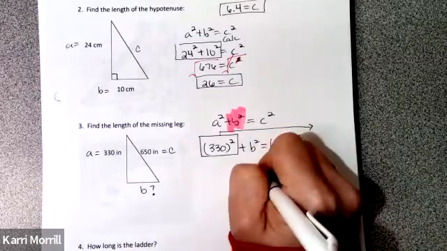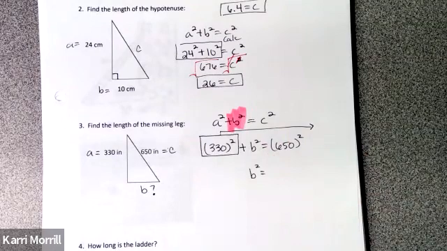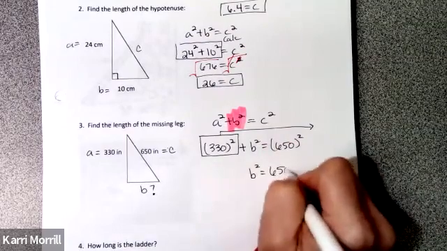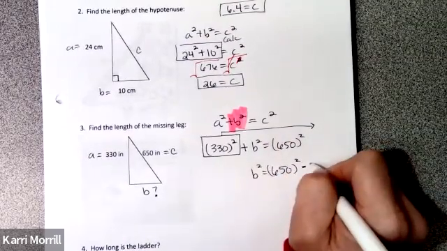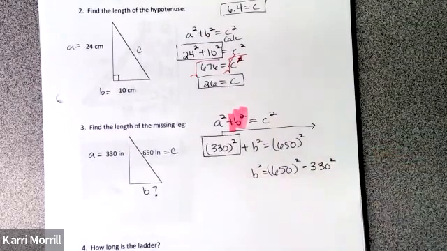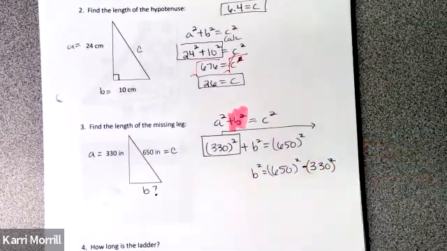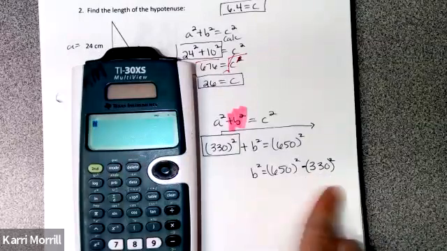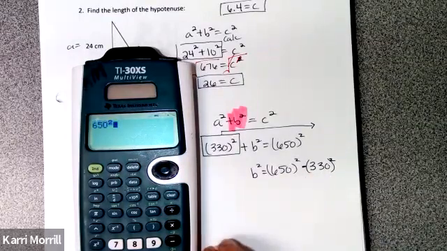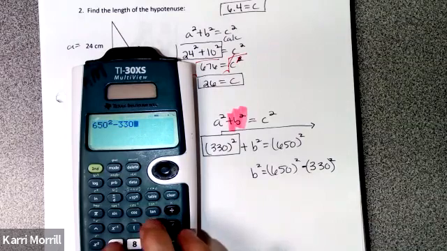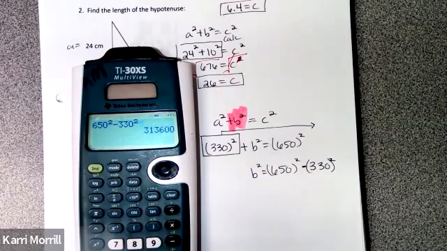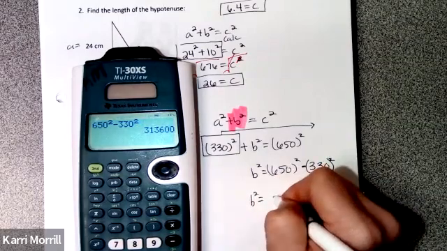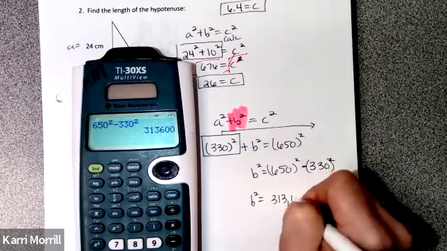So if I only want to type it in my calculator and not pull it apart and write down big numbers, you don't have to. You could say you're taking 650 squared minus whatever 330 squared is. As long as you don't actually subtract something until after you square it, that's fine. So we could just type it as a minus in there. So 650 squared minus 330 squared gives me my B squared, this big number of 313,600.